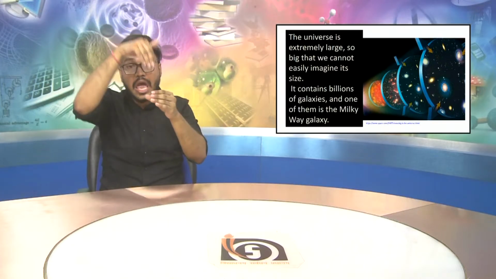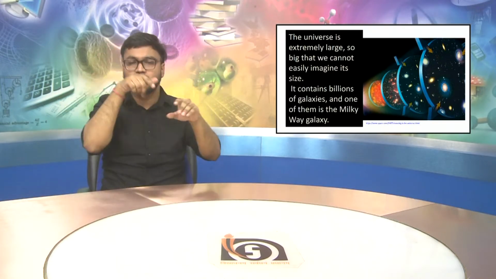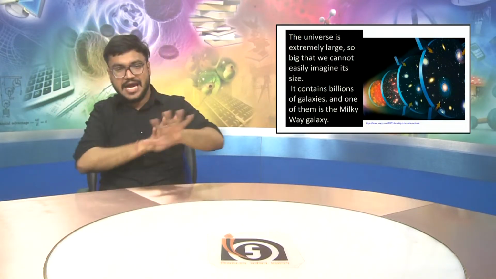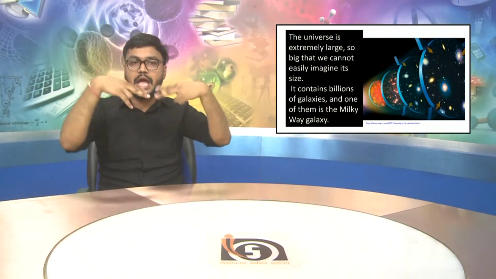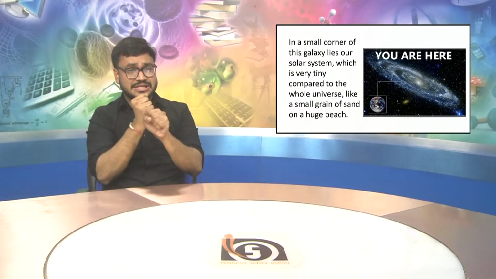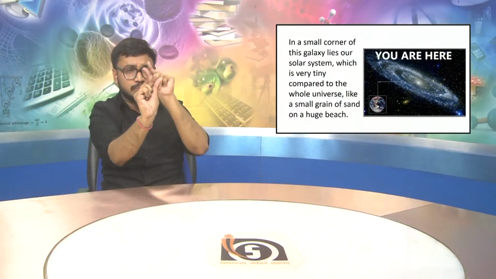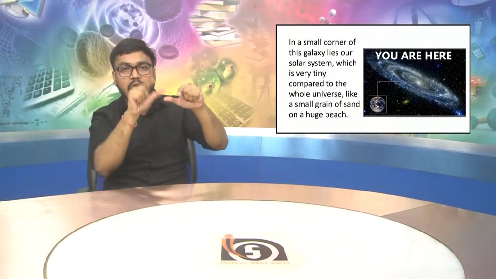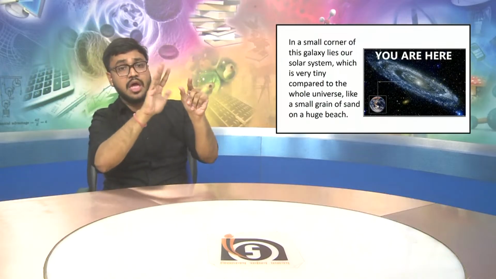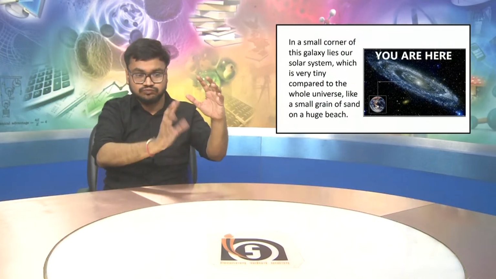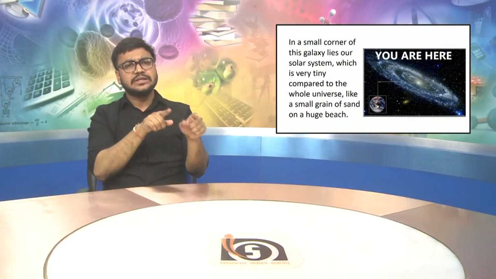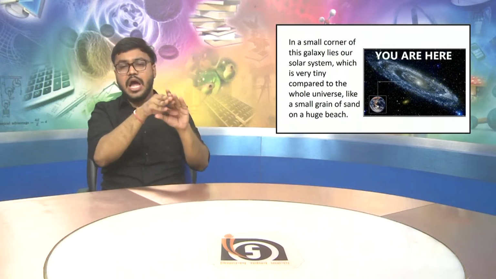It contains billions of galaxies, and one of them is the Milky Way galaxy. In a small corner of this galaxy lies our solar system, which is very tiny compared to the whole universe. It is like a small grain of sand on a huge beach.